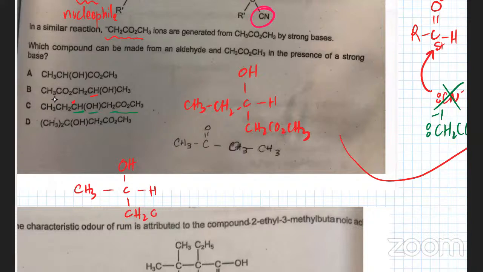Let me draw it the other way very quickly. I'm trying to draw B over here, and let's figure out what's wrong with B. CH3, CO2, CH2. Then I got a C with an H and an OH and a CH3.